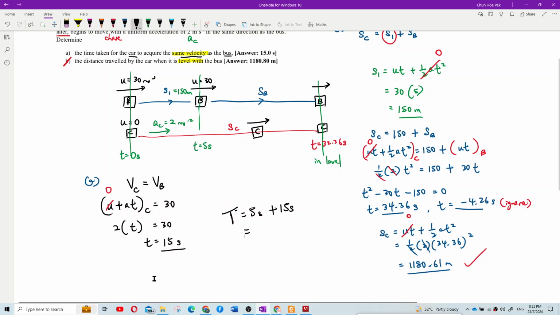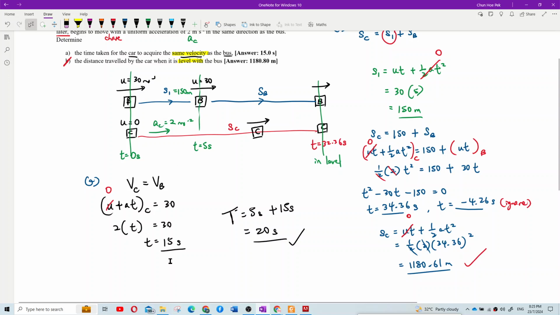If you want to measure from the time when they meet up the first time, when the bus passes by the car the first time, then the total time is 20 seconds. If you don't want to include the earlier 5 seconds, then the time taken is only 15 seconds.